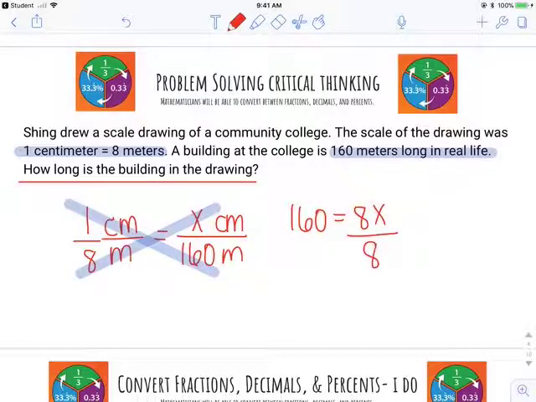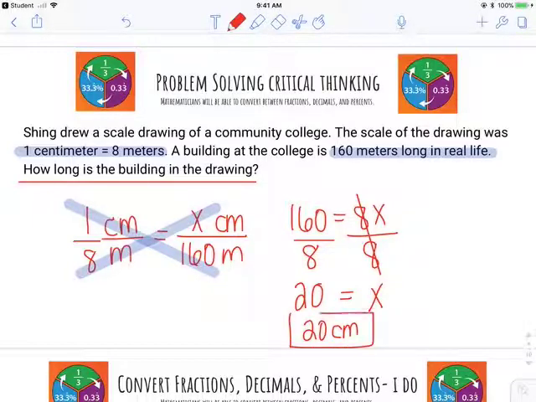I'm going to divide by 8 on both sides of the equation so that my 8's simplify to 1. I get x equals 8 goes into 16 twice, 8 goes into 0, 0 times. So my measurement is 20 centimeters in the scale drawing of the building.